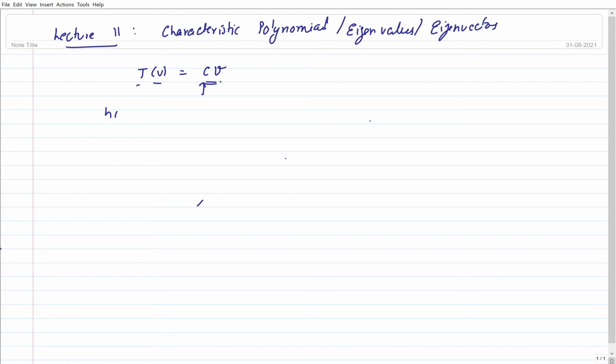So the question is, how does one go about finding the eigenvectors? Well, it turns out that it's easier to first find the eigenvalues.